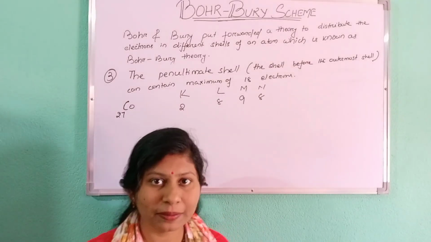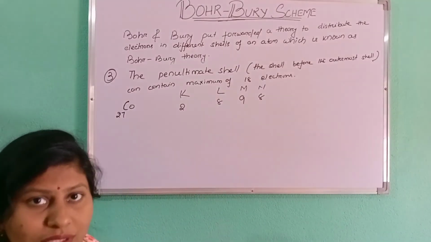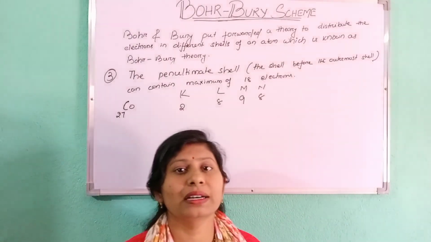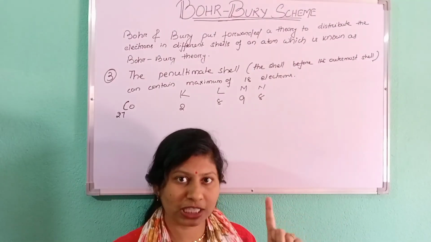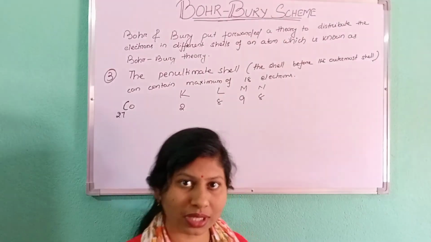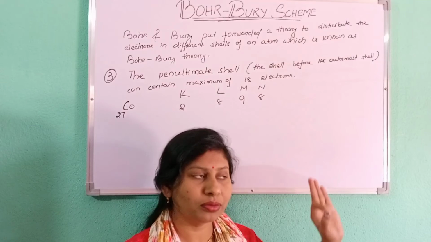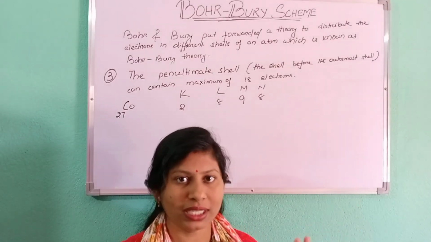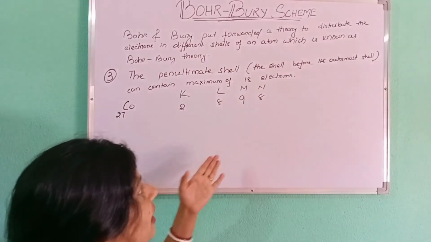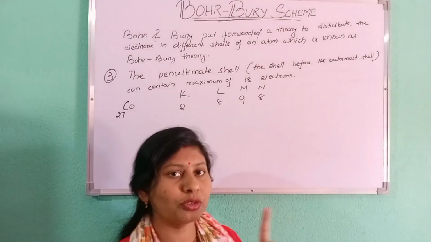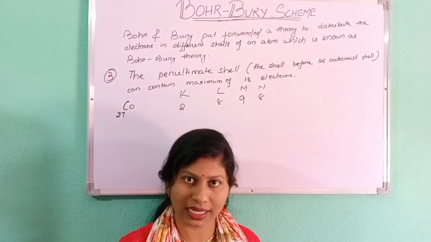So this is the Bohr-Bury scheme. It has three main rules. The first rule is a cell can contain a maximum of 2n square electrons. We have to calculate for K, L, M and N cell which cell can contain how many electrons. The second rule tells us that the outermost cell can't contain more than 8 electrons.